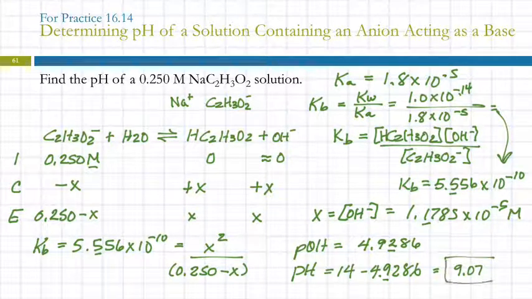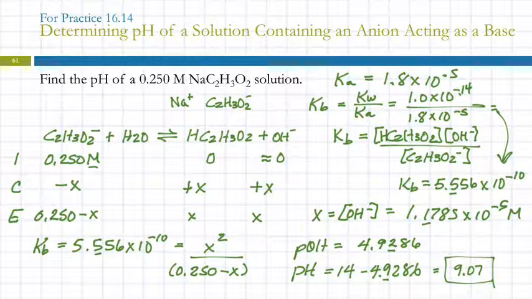Any questions? Yes? How do you know that gave you hydroxide concentration? Because that's what X is. Oh, okay. Yeah. That's a good question. So we find X, and then it's very important to recognize, well, what does X mean?